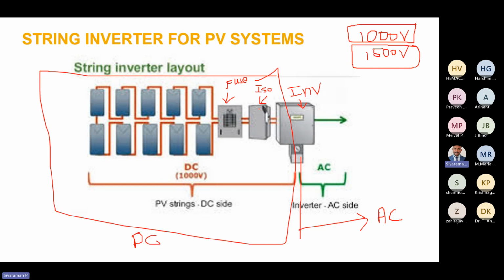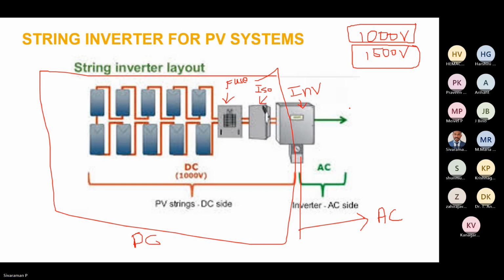So that we can achieve by using MCCB also. Suppose if we are using the fuse, then isolator is mandatory. Suppose if we are using the MCB, then isolator is not required. By switching the MCB on and off, we can isolate the solar PV panel from the inverter.